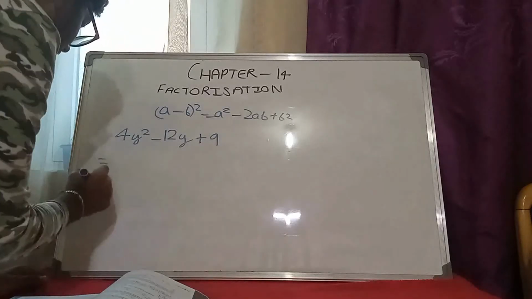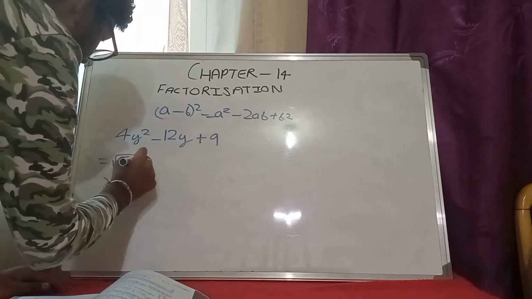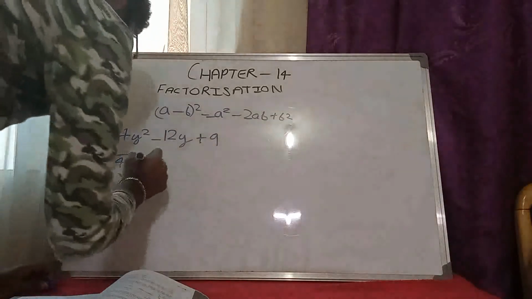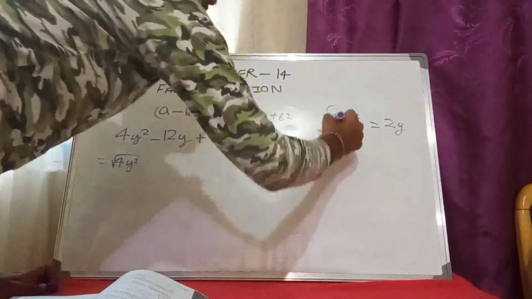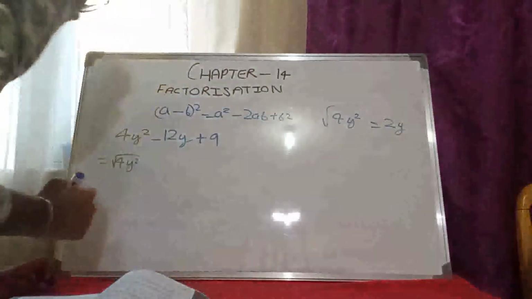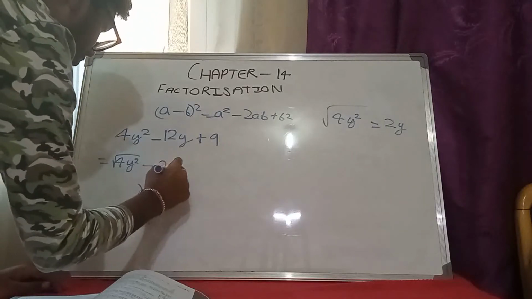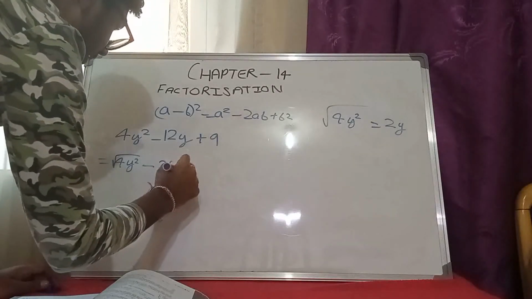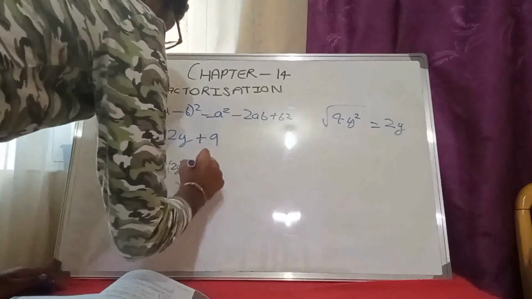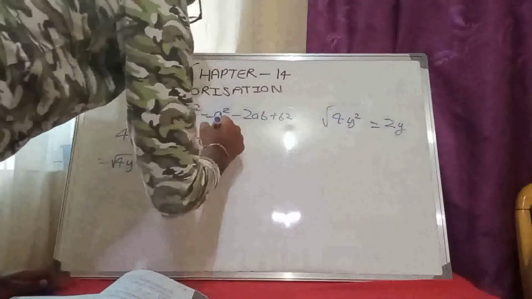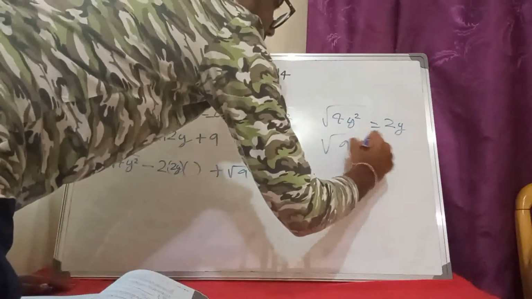We can see here 4y square, so we have to find the square root of 4y square. The square root of 4y square equals 2y, as the square root of 4 is 2 and the square root of y square is y. Now we find the second term, the square root of 9, which equals 3.